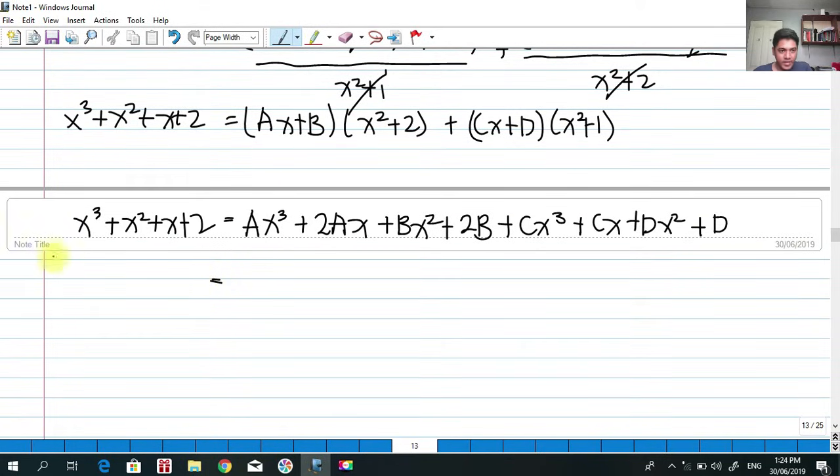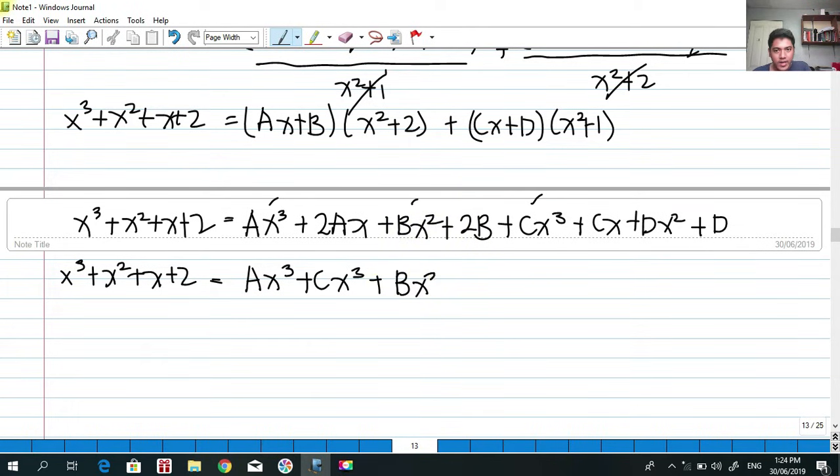Again, the same process: we regroup the terms starting from the highest power. We have Ax cubed plus Cx cubed. Do we have any other cubes? No. Next is the x squared: Bx squared plus Dx squared. Next are the x terms: plus 2Ax plus Cx.